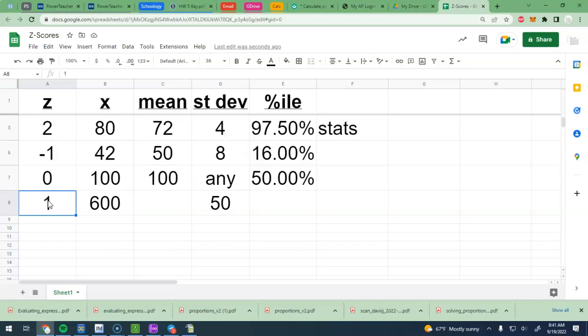So is our percentile going to be above or below 50%? It's going to be above 50%. And if we look at that chart, one standard deviation to the right, we have to add 34% more, so that's 84%. And if I'm one standard deviation above the mean, and every standard deviation is 50, that means I'm 50 above the mean, so the mean must be 550.